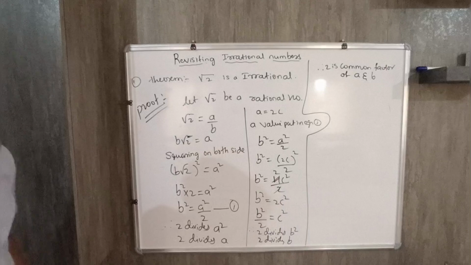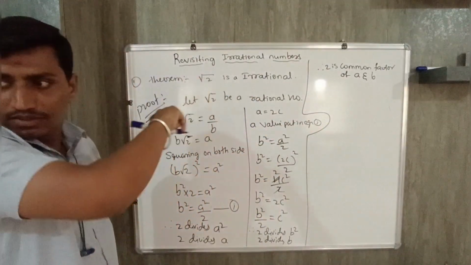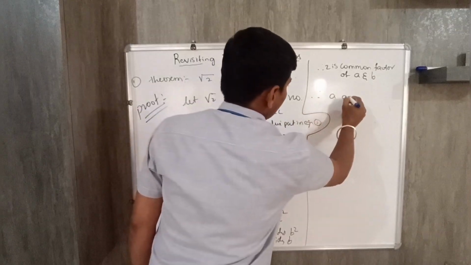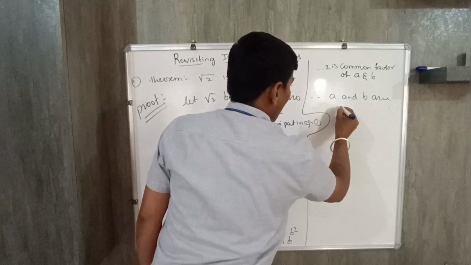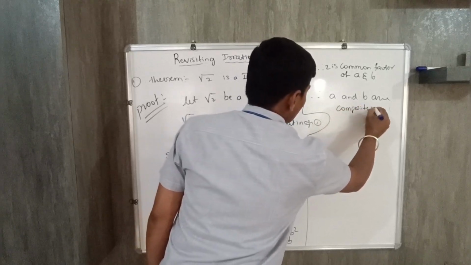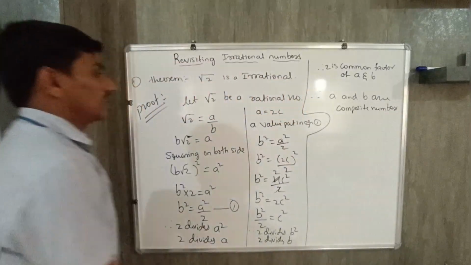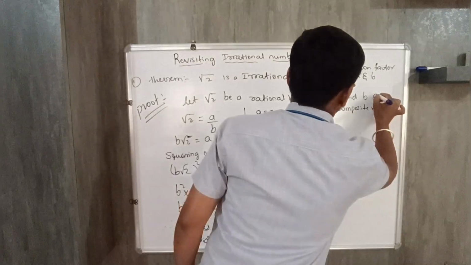Okay, 2 is the common factor. Next, therefore a and b are composite numbers. A and b are composite numbers. Okay.